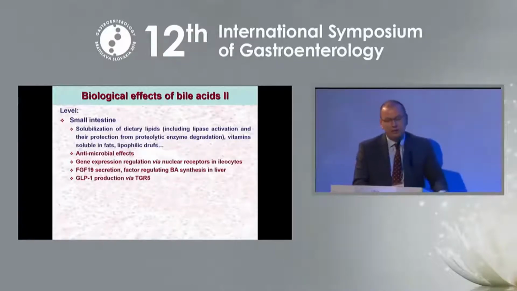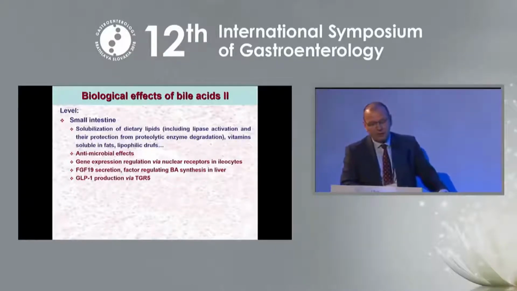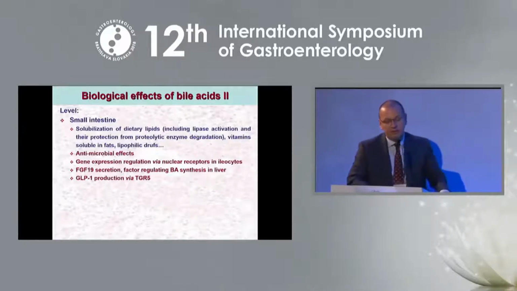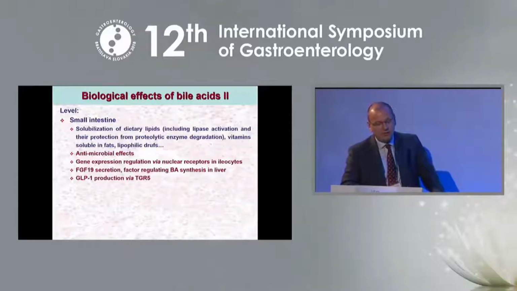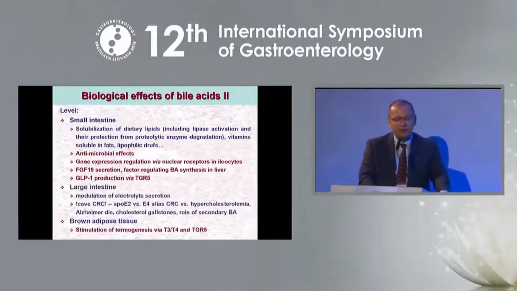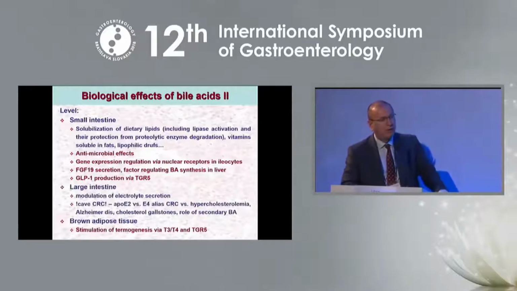They regulate gene expression, again via nuclear receptors in enterocytes. They are responsible for FGF19 secretion, which is a factor regulating bile acid synthesis in the liver. They are responsible for glucagon-like peptide 1 production via the TGR5 receptor in the intestine. And on the level of the large intestine, they modulate electrolyte secretion.